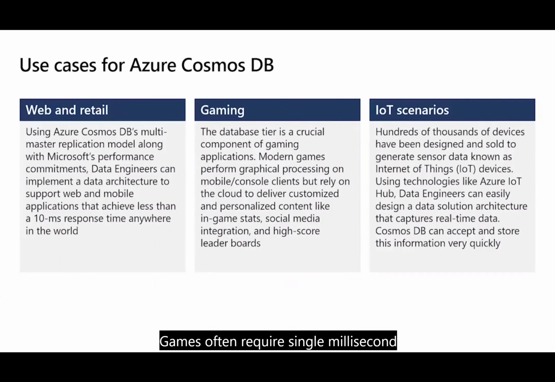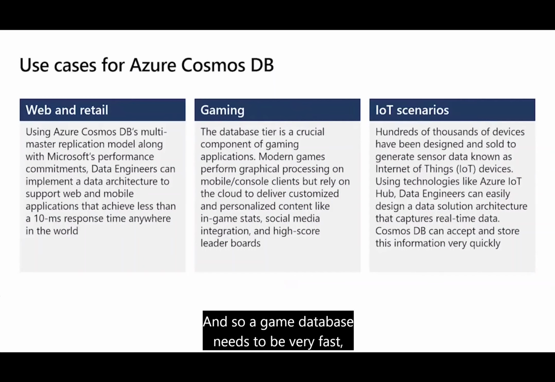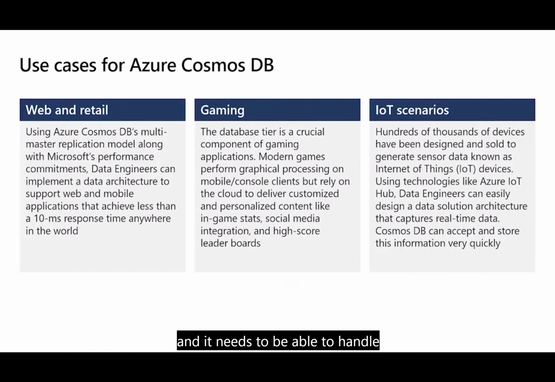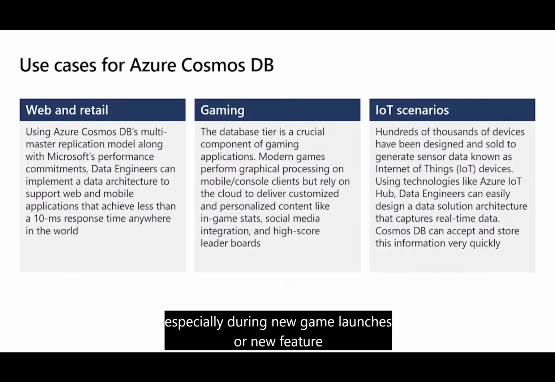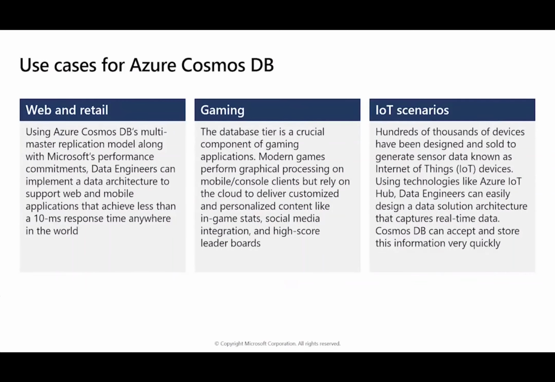Games often require single millisecond latencies for reads and writes to provide that engaging in-game experience. And so a game database needs to be very fast, and it needs to be able to handle massive spikes in request rates, especially during new game launches or new feature launches and updates.